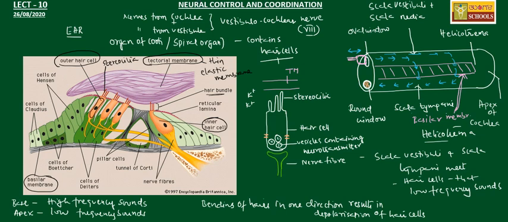As a result, the potassium ions will move into the hair cell. The entry of potassium ions into hair cells results in depolarization.